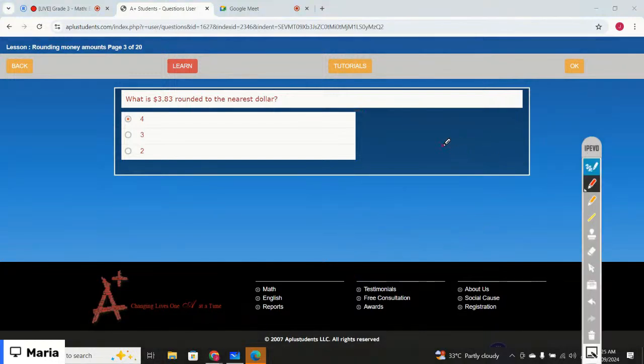The digit right after the decimal point is 8, and 8 is greater than 5. You need to round up. That would be $4. The correct option is 4, option number 1 is the correct option.